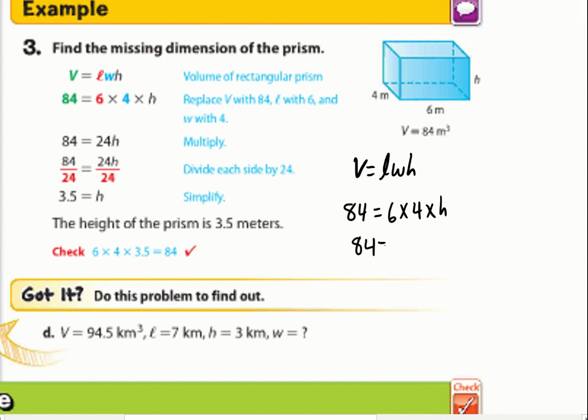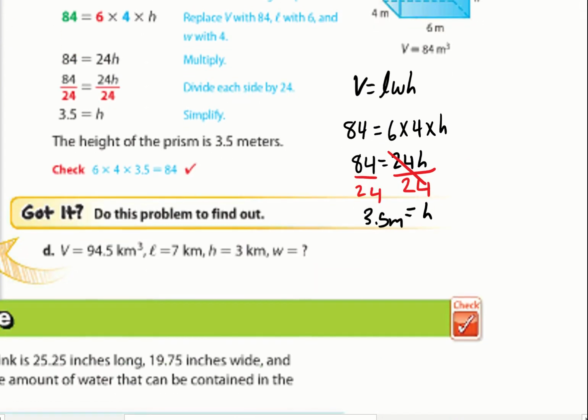So we get 84 equals 24h. I need to get h by itself, and there's a 24 attached to it. So I'm going to use inverse operations and divide by 24 on each side. So my height should equal 3.5 meters. And remember, only my volume is cubed. My dimensions are just going to be meters.